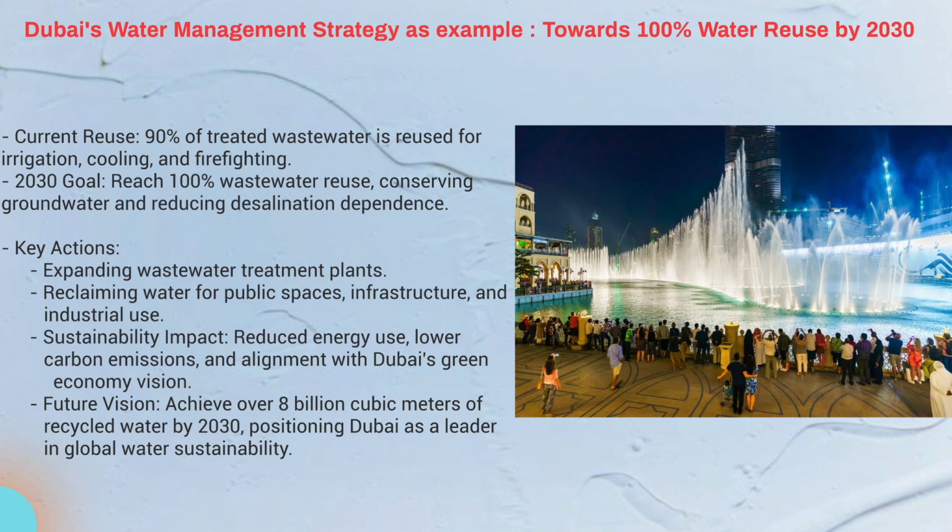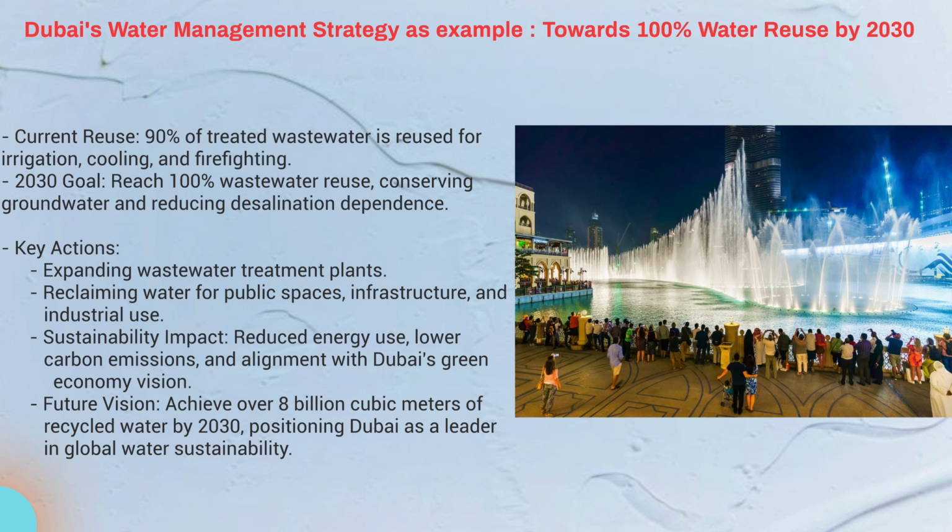Dubai's wastewater reclamation started in 1969, and today the Jebel Ali plant treats almost 670,000 cubic meters per day. This supports the city's goal of increasing recycled water output to over 8 billion cubic meters by 2030.